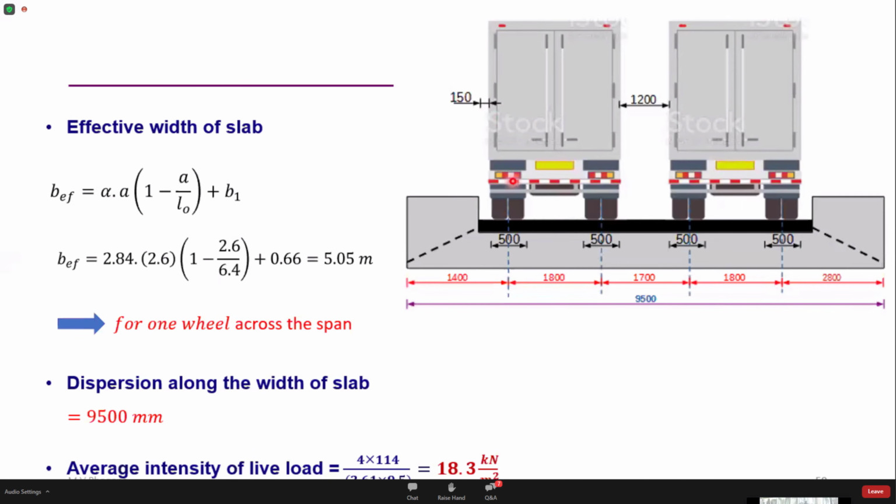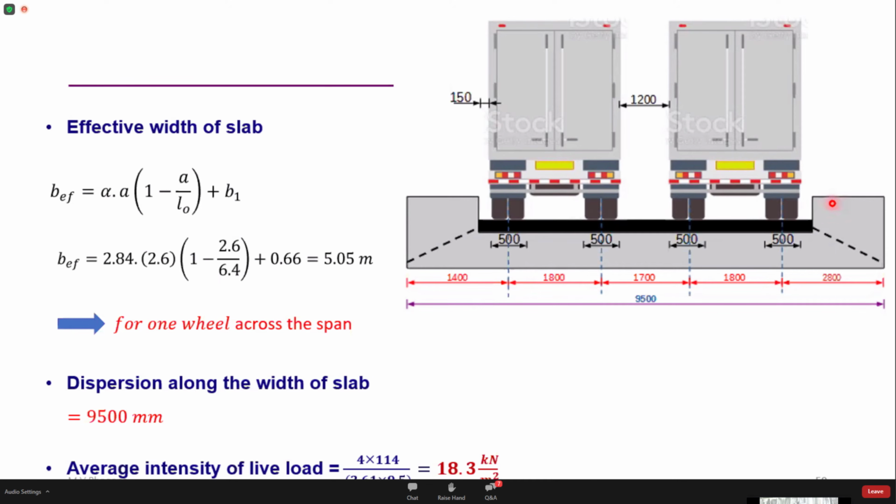It means that the vehicle has to be placed at a distance of at least 150 mm from the edge of the curb or edge of the footpath. So I'll place the first vehicle at 150 mm. The minimum overpassing distance between two vehicles as given in IRC 6 is 1.2 meters. I'll place that vehicle there, and then whatever remains can be calculated.